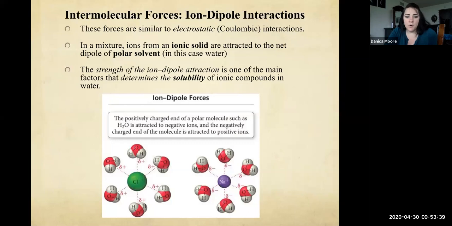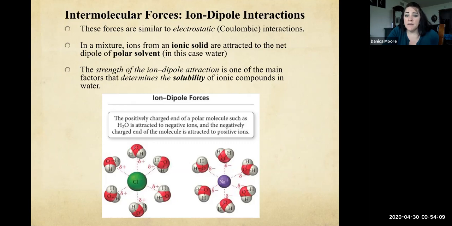So ion-dipole, this is a picture I think we talked about in chapter 4 as well, right? So the polarity of water and the ion charges allow this attraction where you get a solvation shell around the ions that essentially comfort the ions and allow them to be incorporated into the water in a solution.